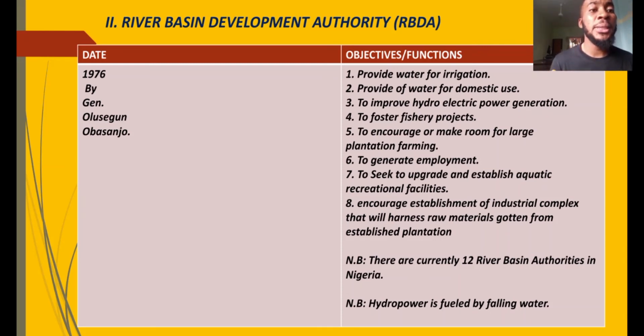Number 6, to generate employment. We have different sectors here. We have irrigation, we have electric power plants, we have fisheries. These are able to exist or operate because of the provision of water, which is done by the River Basin Development Authority.